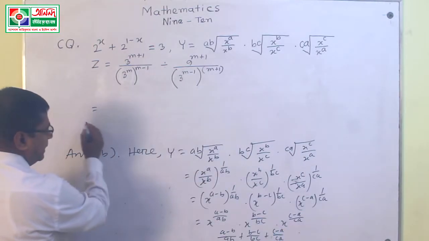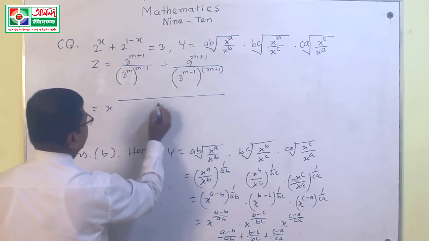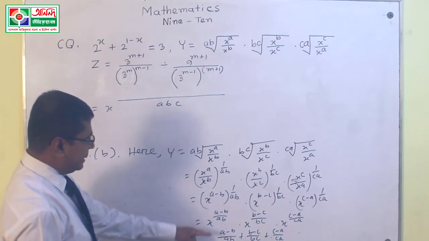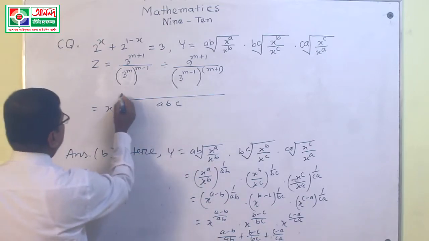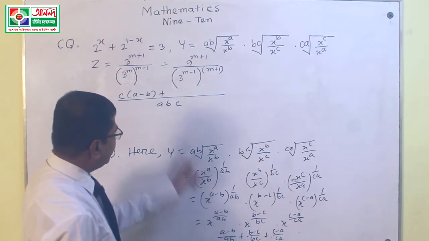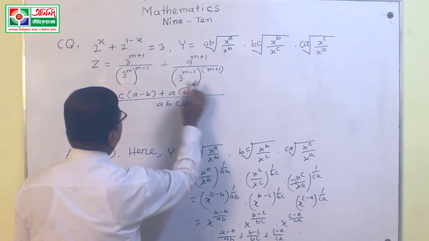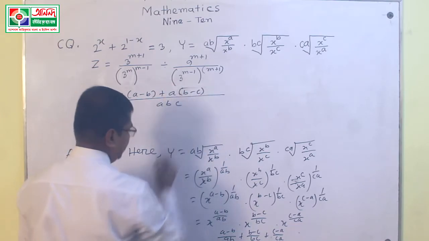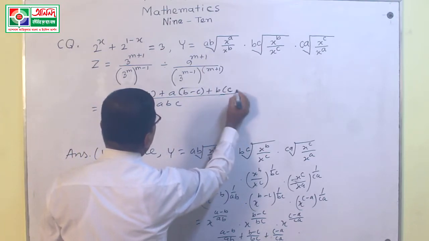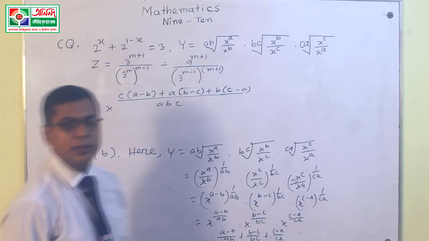Here look at, you can write x to the power, we can take the LCM abc, and now if we divide abc by ab, we get c, so we can write c into a minus b, plus we divide abc by bc, we write a into b minus c, and then here we write b into c minus a, because if we divide abc by ca, then we get b.